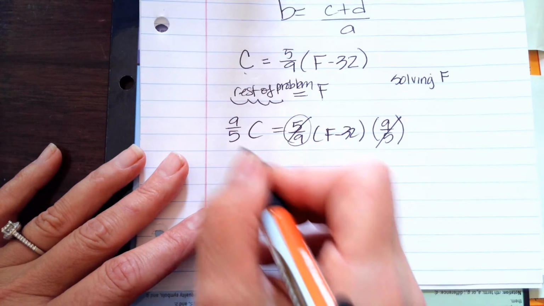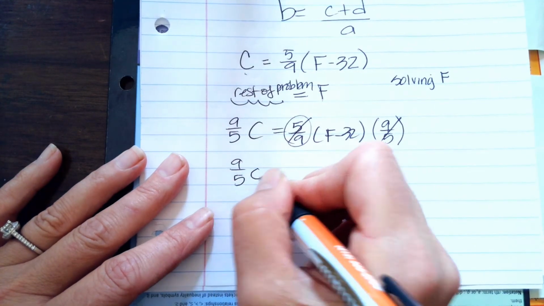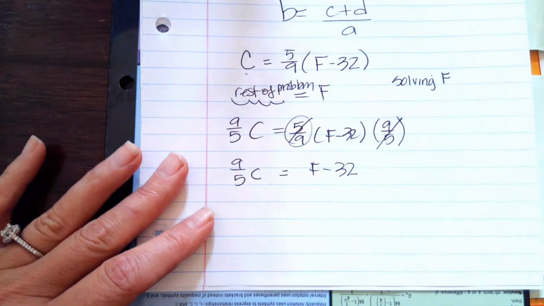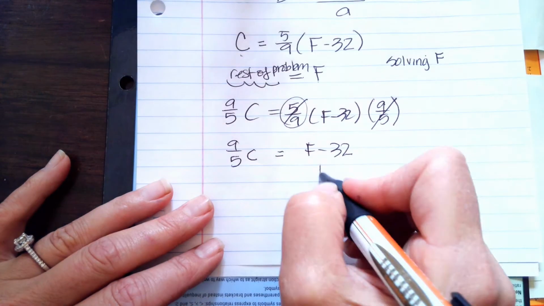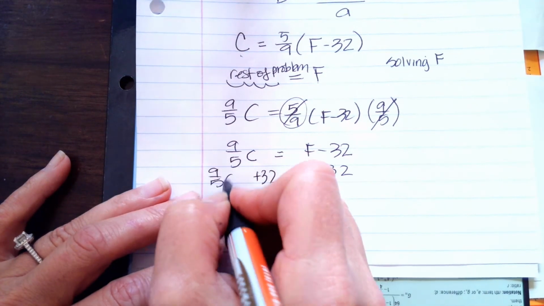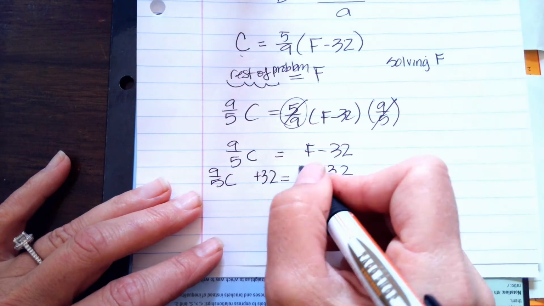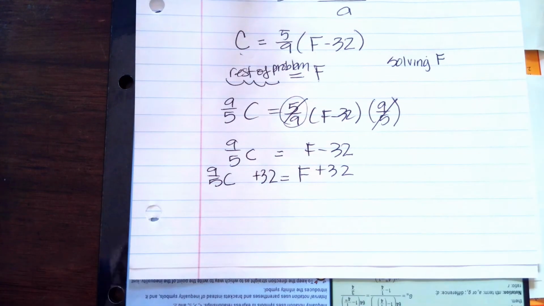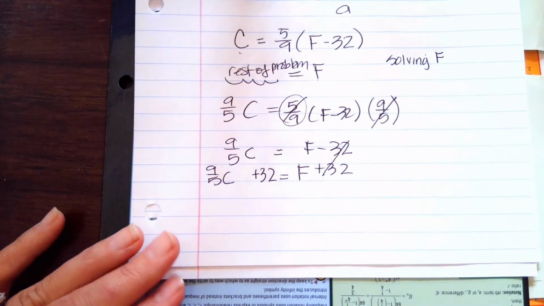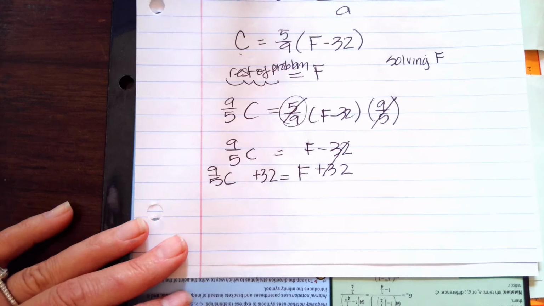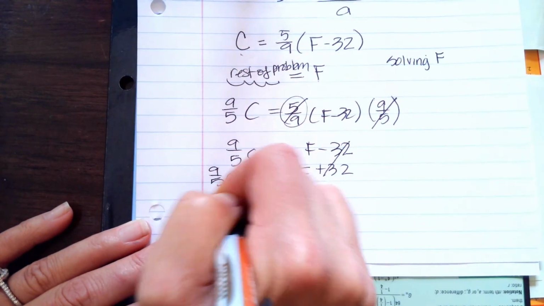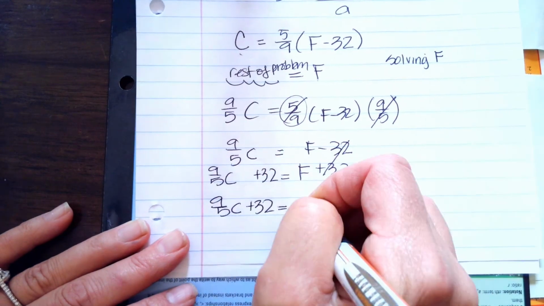So now I have 9/5 C equals F minus 32. And now you add 32 to both sides. This cancels each other out. Are you with me so far? Yeah. And then we are left with 9/5 C plus 32 equals F.